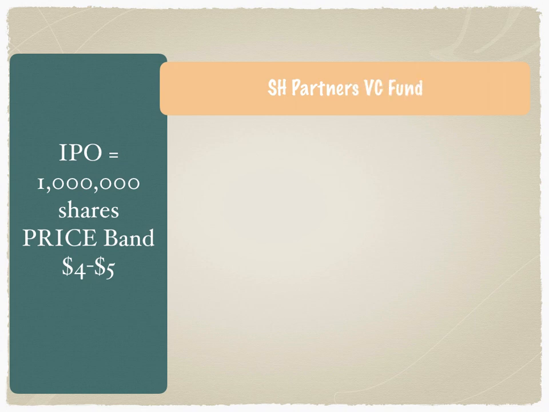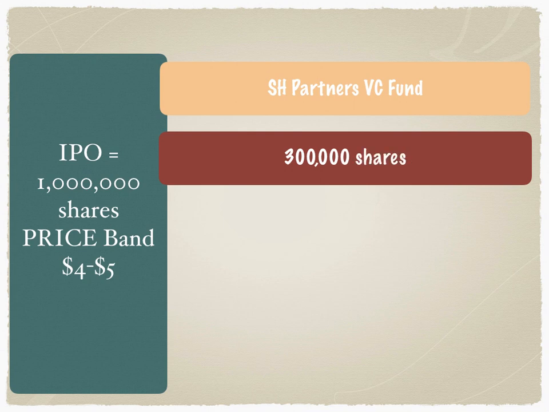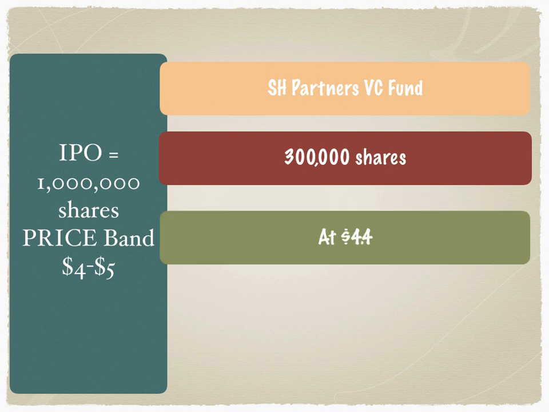In my utopian world, we have a third partner, SH Partners, SH Investors, who comes in and makes an application for the perfect number of 300,000 shares. Okay? At $4.40. So you have three offers right now. The first one is Hari Hedge Fund, which has taken up 200,000 shares at $5.